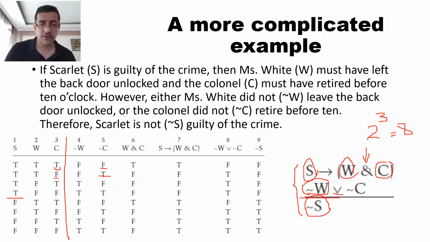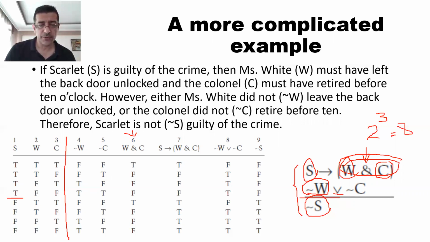Now, what about W and C? Let's write W and C in this column, column 6, because here we have the W and C on the right. You can see that, right? Let me rub off this and start all over again.